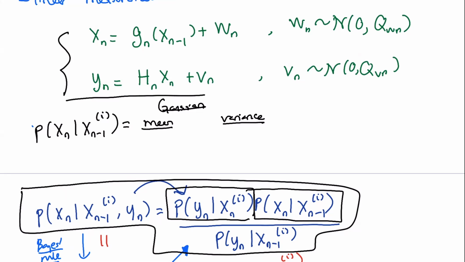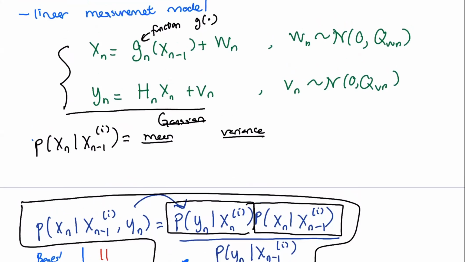G times x of n minus 1. Oh, this is a function. Yeah, so this is a function g taking in the parameter xn minus 1, right? So it's not times. Whatever your function is, g of x of n minus 1. Yeah, so g of x n minus 1.